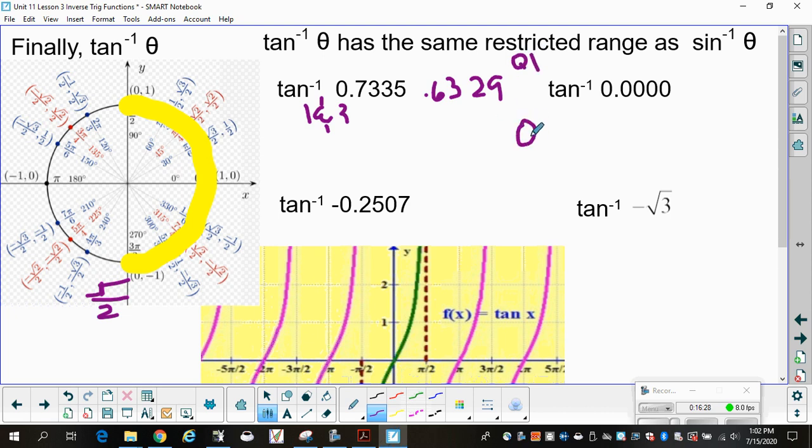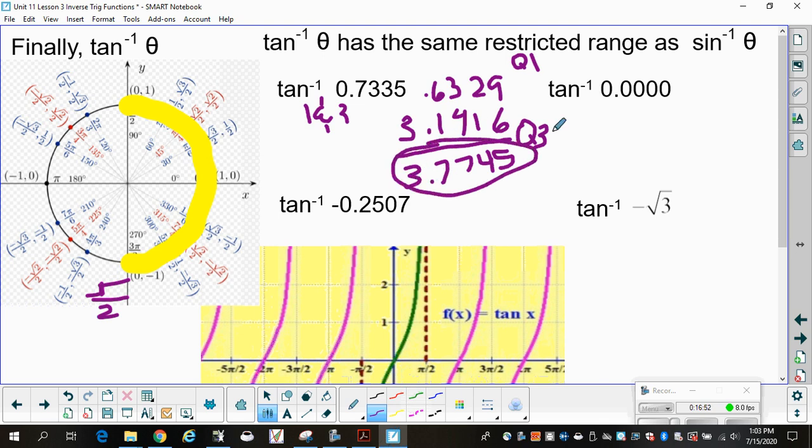To get quadrant 3, I would do pi plus that. 3.14159, so make that a 6. And there's my third quadrant angle. Okay?